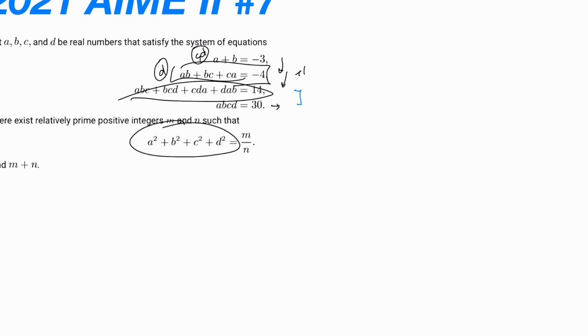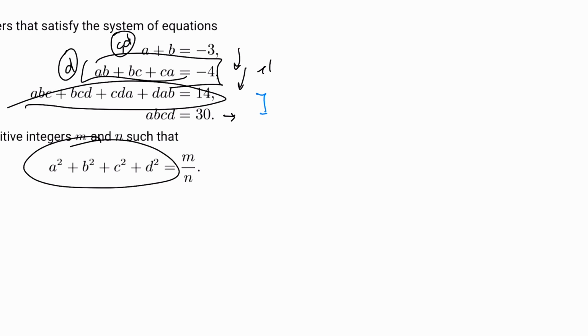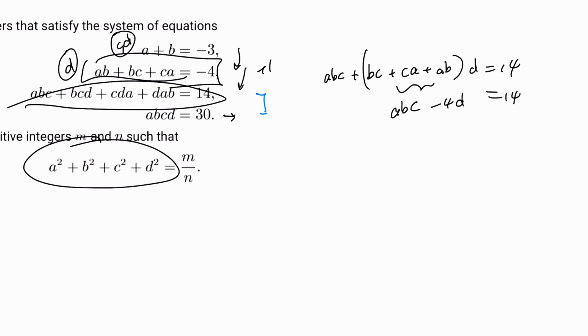And if we factor out some d, let's say it is ABC plus BC plus B, or BC plus CA plus AB, times D, that is equal to 14. And we're given that this is equal to negative 4. So ABC minus 4D is equal to 14.